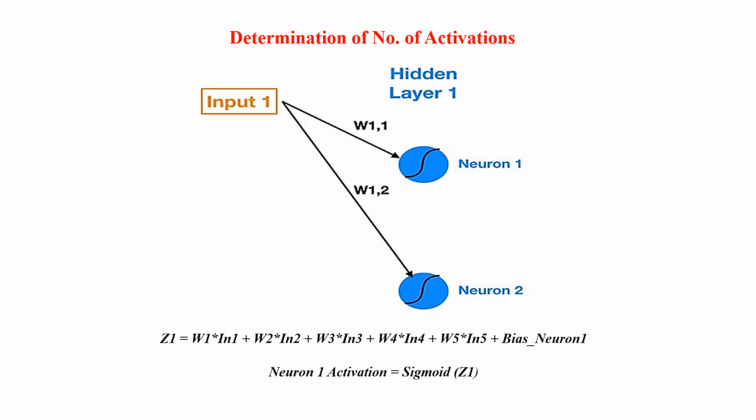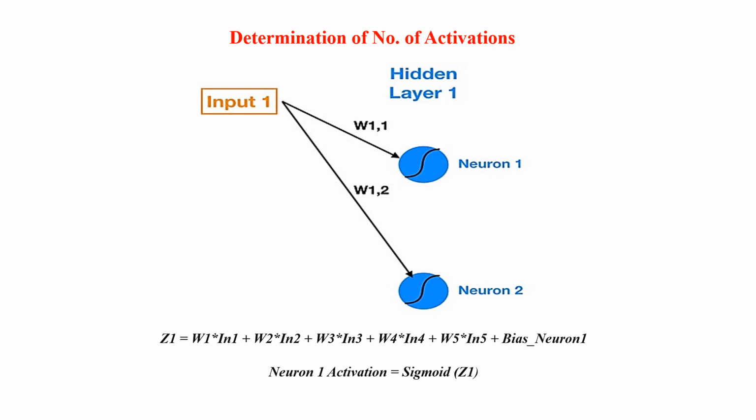We are using the formula where w denotes the weight and in denotes the input. To calculate the activation z1, which is equal to weight w1 multiplied by input 1, plus w2 multiplied by input 2, plus w3 multiplied by input 3, plus w4 multiplied by input 4, plus w5 multiplied by input 5, plus the bias value of neuron 1.